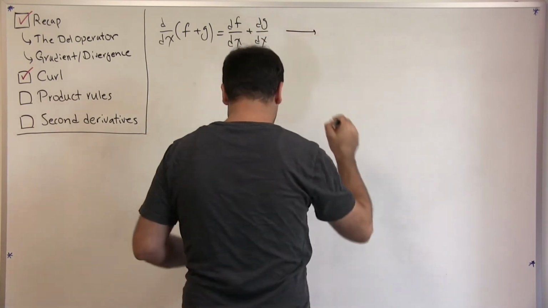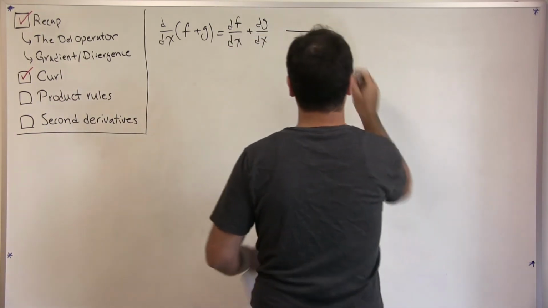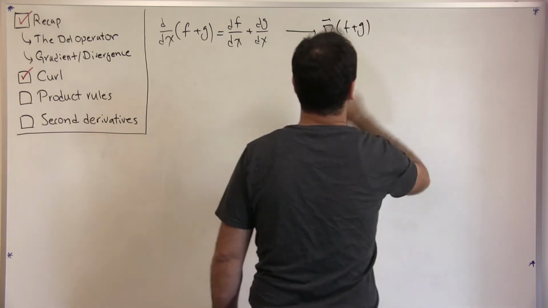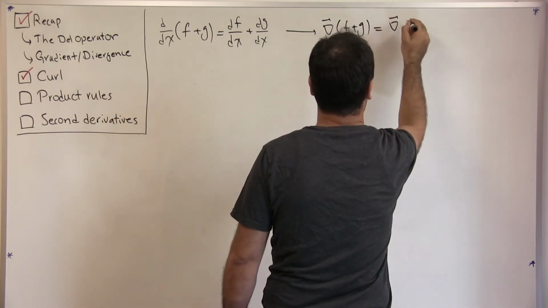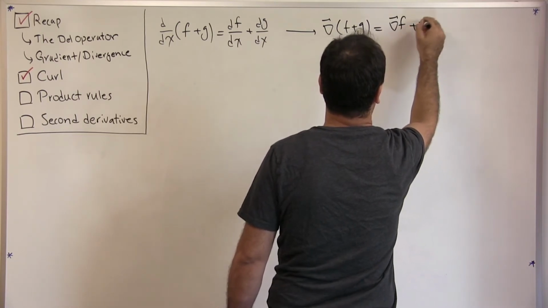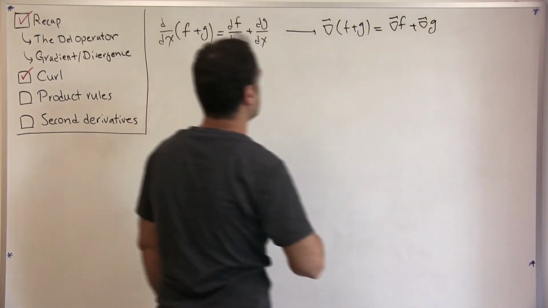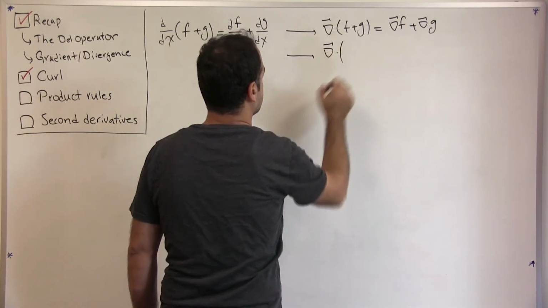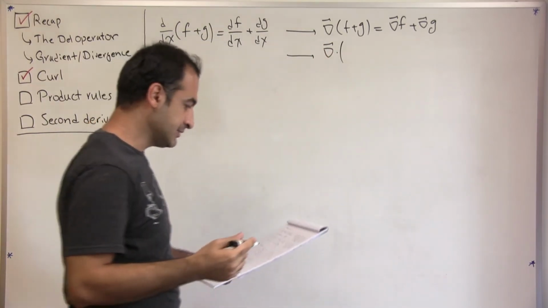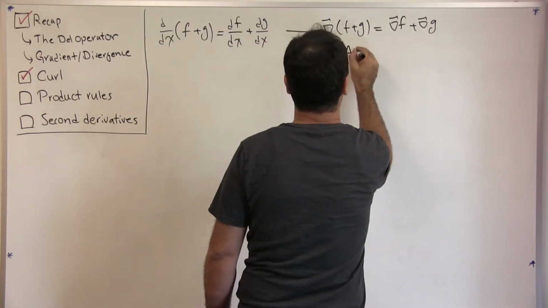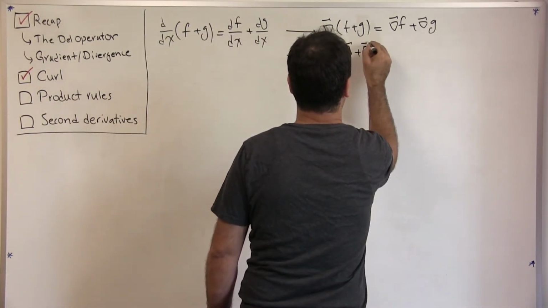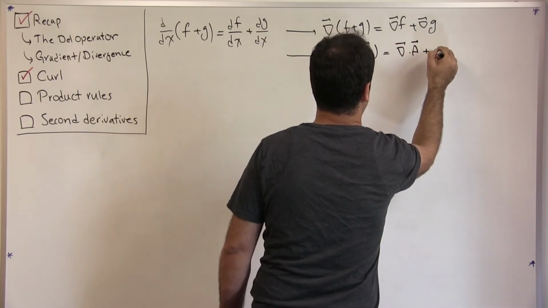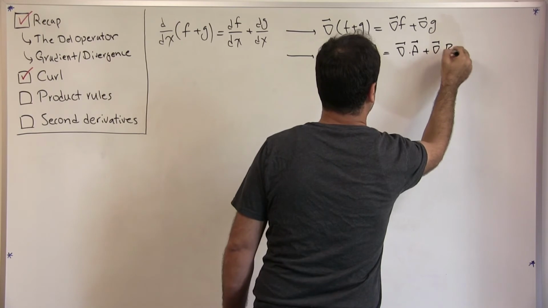So that means if you have the gradient of one function plus another function, you can expand that in terms of the gradient of the first one plus the gradient of the second one. For the divergence, the same thing. So you have the divergence of two vectors. Okay, I'm going to use A plus B. This is equal to the divergence of A plus the divergence of B.